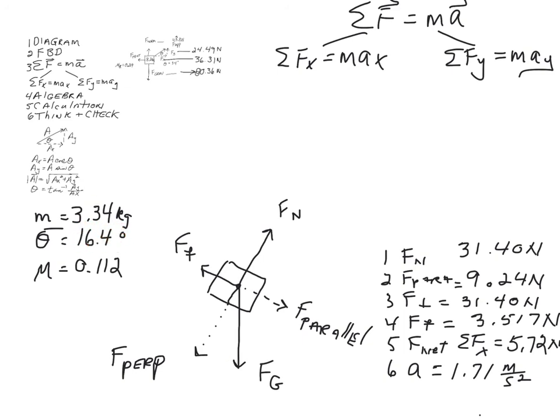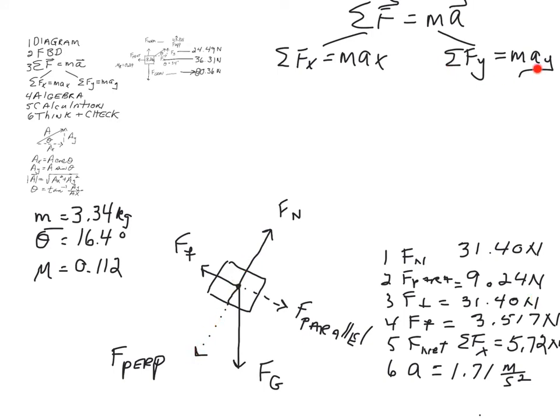So 3.34, 9.8, sine 16.4, and I get 9.24 newtons for F parallel. Then F perpendicular is 3.34 times 9.8 times the cosine of the 16.4, and that gives me 31.40.